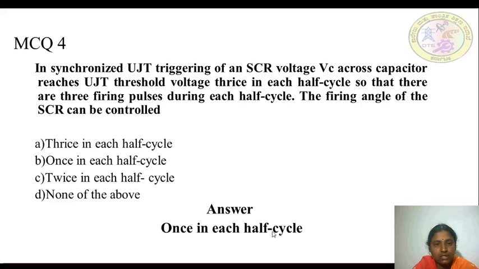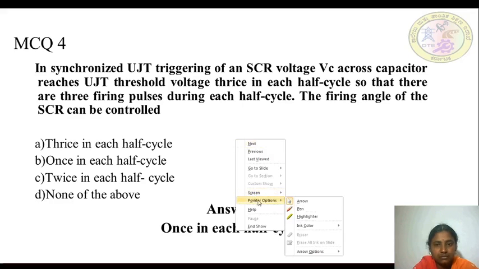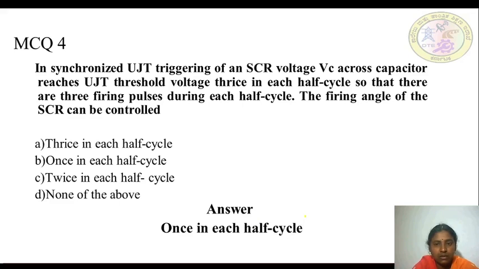How is it once in each half cycle? Even though the capacitor is being charged and discharged 3 times in the half cycle, reaching the peak value 3 times and discharging, you will be able to get 3 pulses.